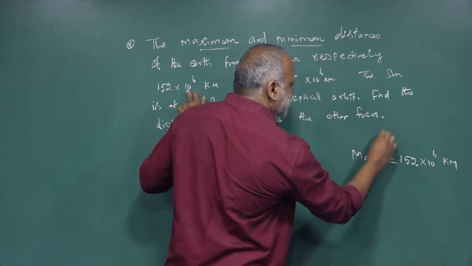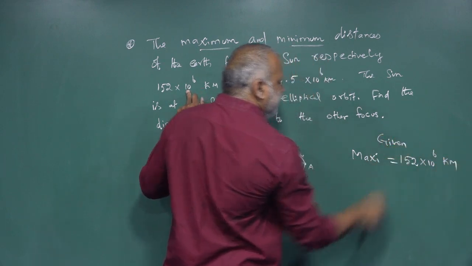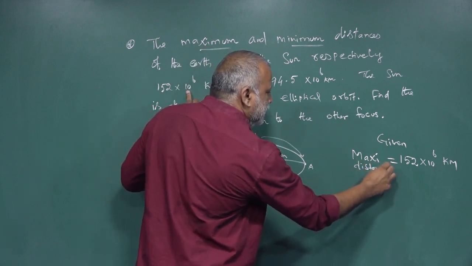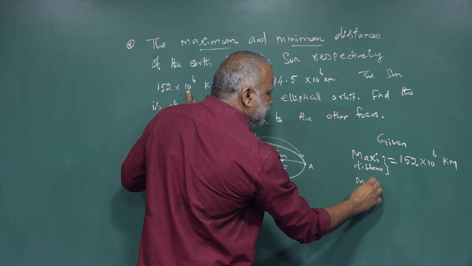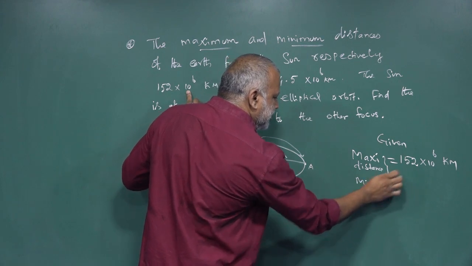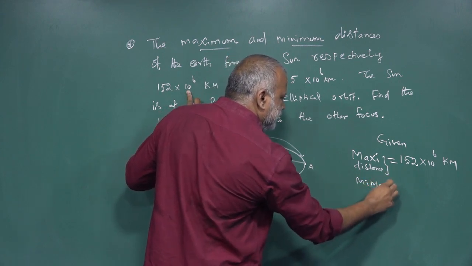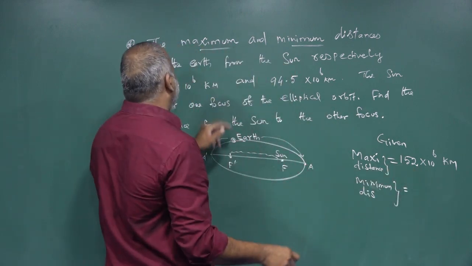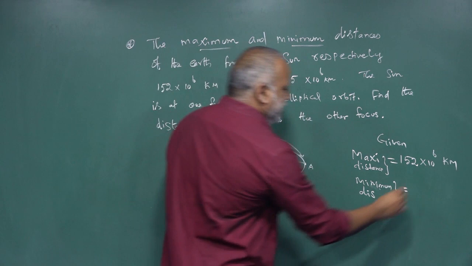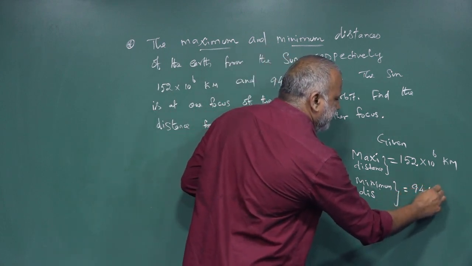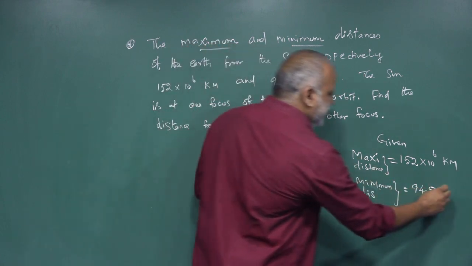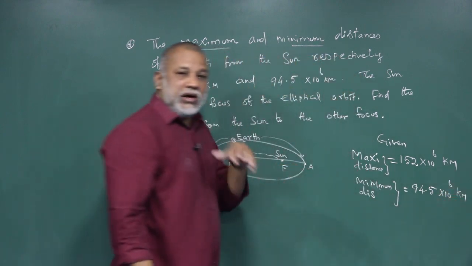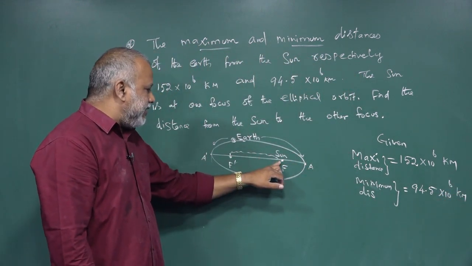This is the given maximum distance. Another one given is the minimum distance, the second one, 94.5 into 10 to the power 6 kilometers. So we are going to find the distance between F and F dash.